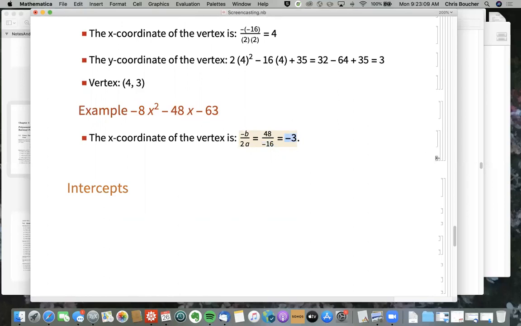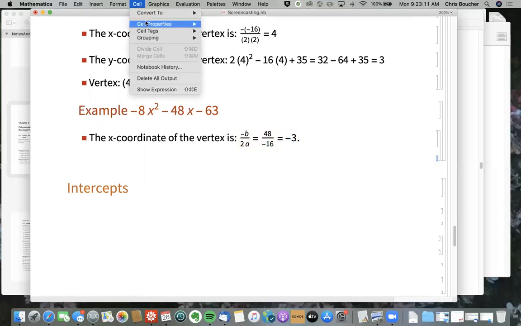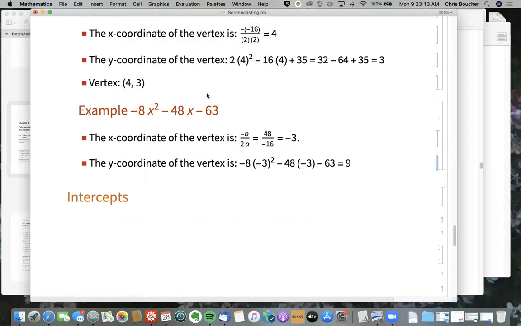And then to get the y-coordinate, I compute the function value at x equals negative 3. So I put negative 3 into the input slot. That's done right there. And I'll leave you to do the math there, and you come out with 9. So the vertex here is negative 3, 9.